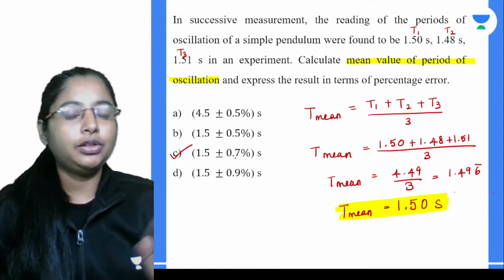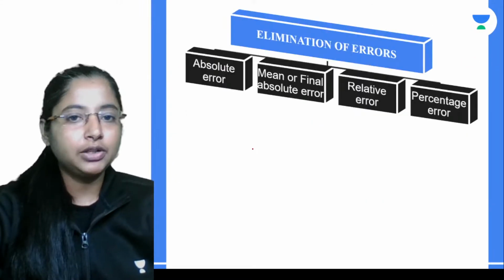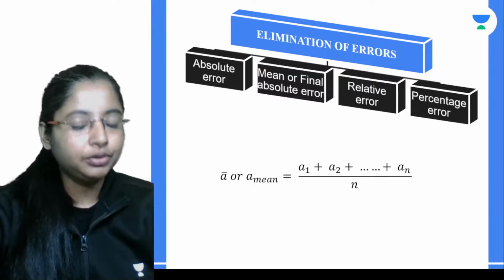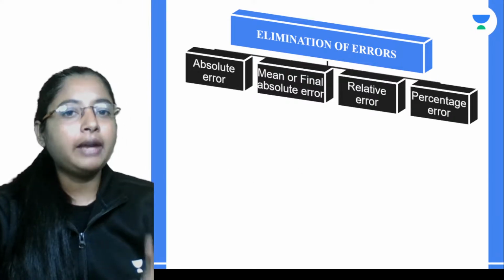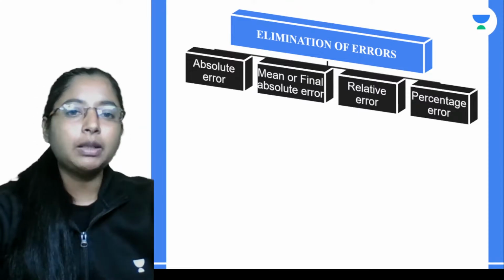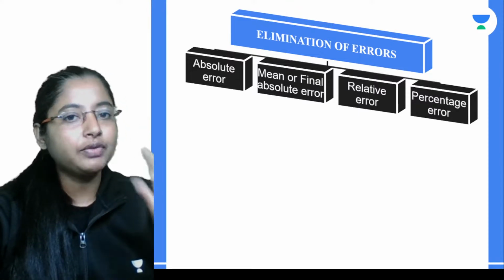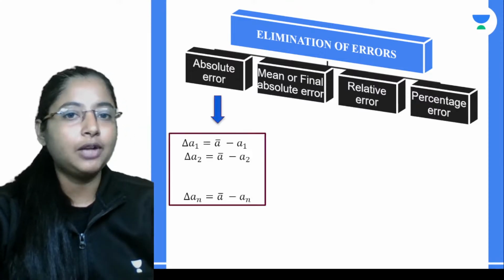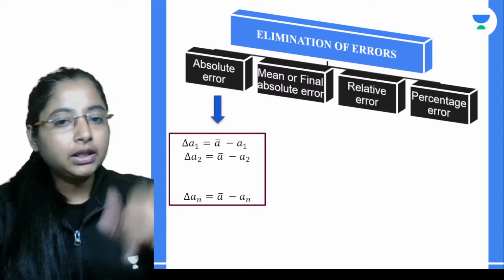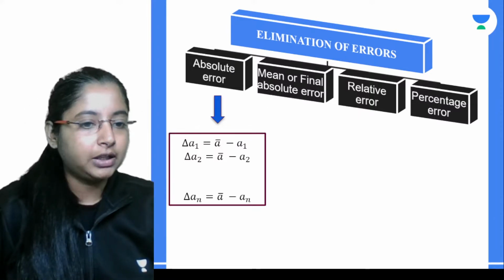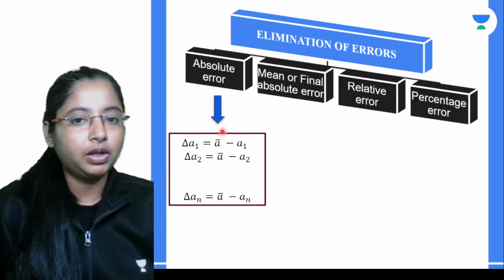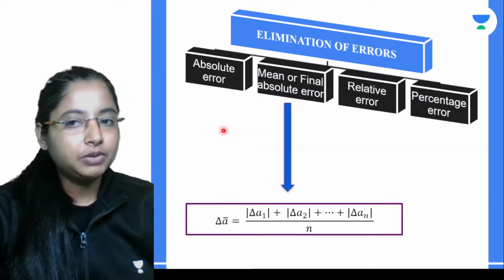So these are the steps. Once again to recall, what is the first step? First, find the actual value, that is the average mean. Then find the individual quantities: subtract the individual readings from the mean value, that is your absolute error. Now take the mean of this absolute error, that is mean absolute error.